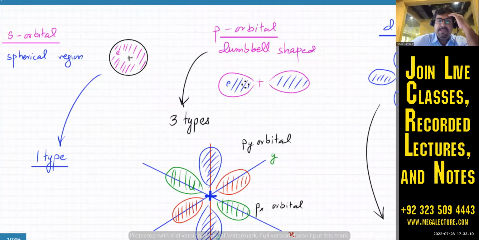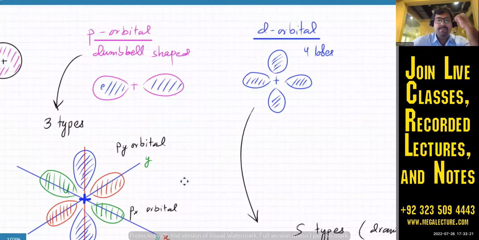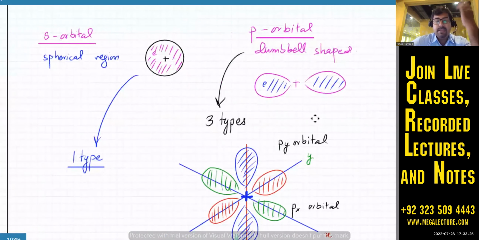If there's a p orbital, how much negative charge can it accommodate? If there's a d orbital, how much negative charge could be distributed in one orbital? The answer is that a typical orbital, any one of these orbitals, can have a maximum of 2 electrons. If there's a spherical region around the nucleus, the maximum number of electrons that could be buzzing around in this area, the negative charge of 2 electrons, can be accommodated in this specific space.